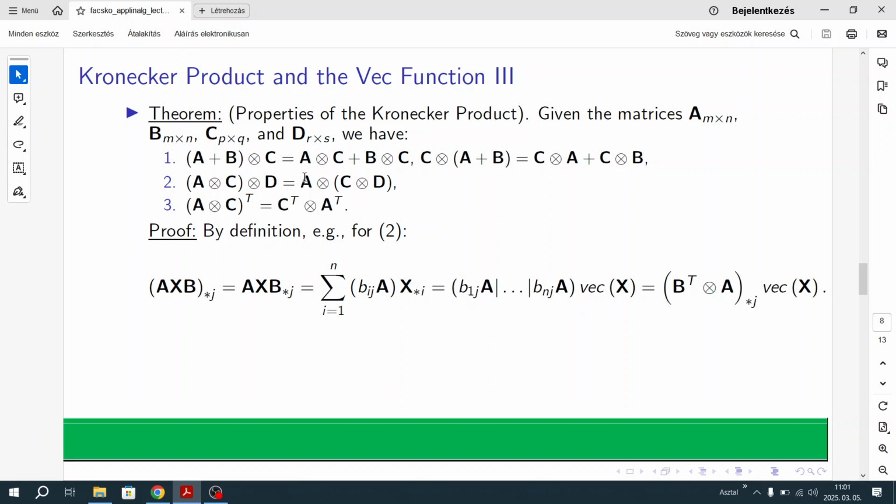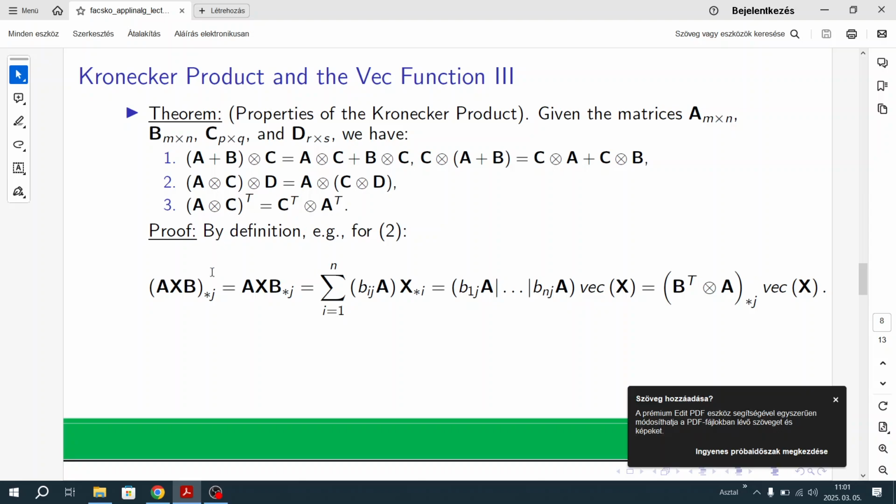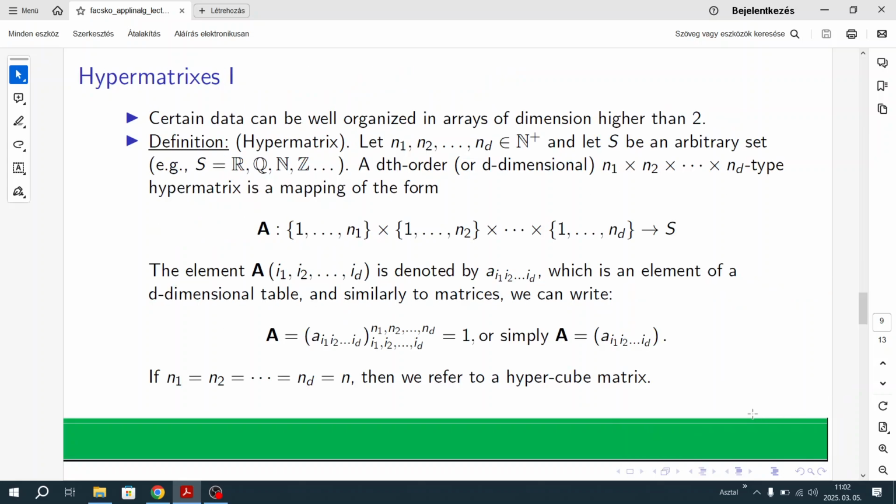I taught this last semester. We didn't use it for anything, and this semester I use it in a deduction. Okay, great. I will modify this text a little bit later. By definition you can prove all of these, but we won't.